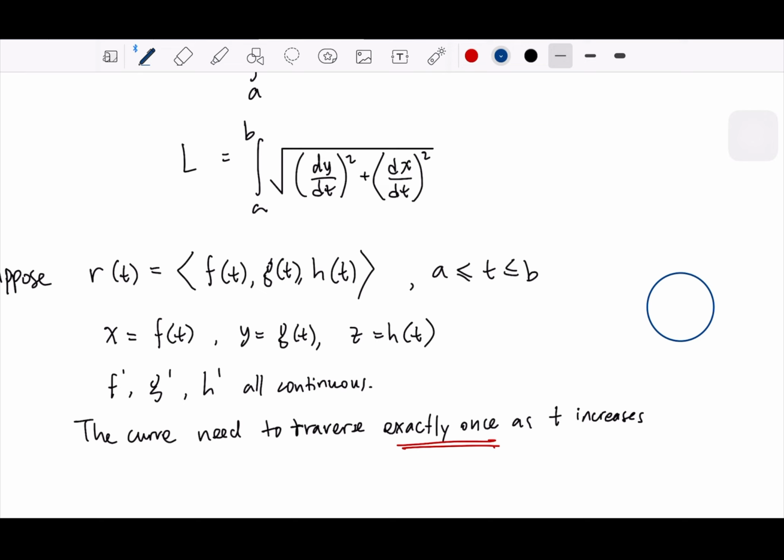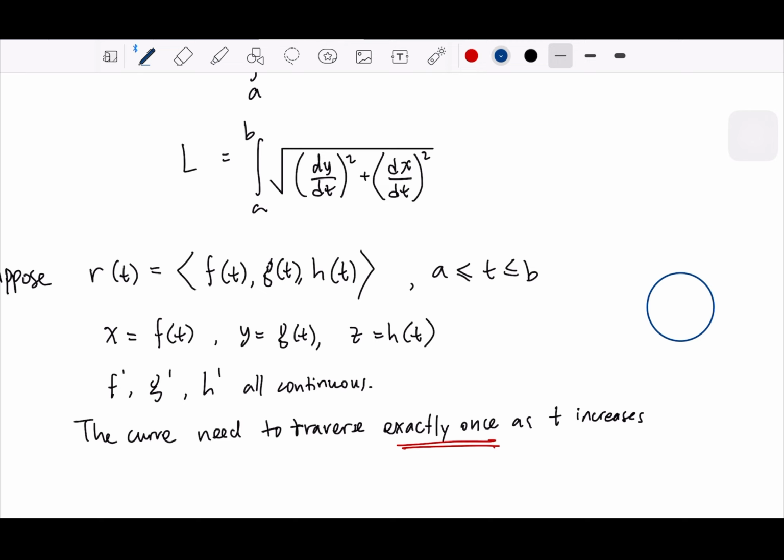Let's say you need to compute the arc length. If you're not careful and take the wrong interval, it means that you will have circling around. So imagine this is a circle.